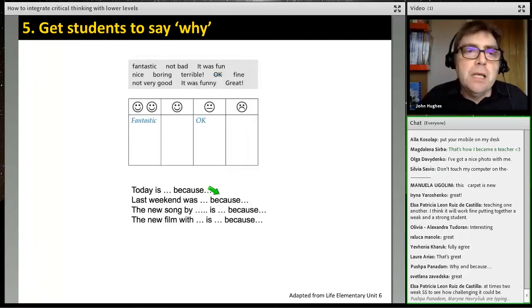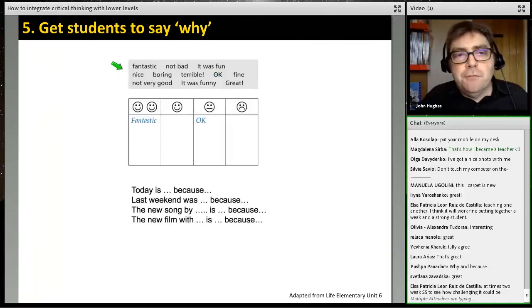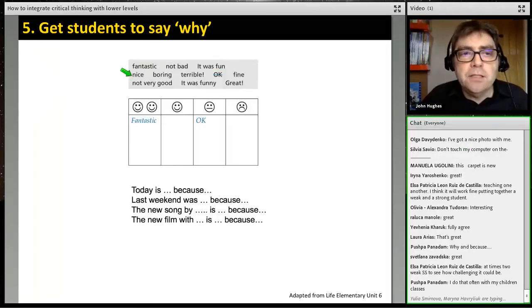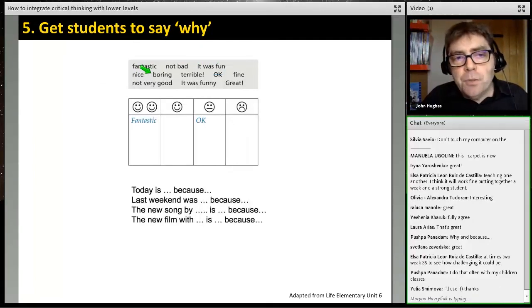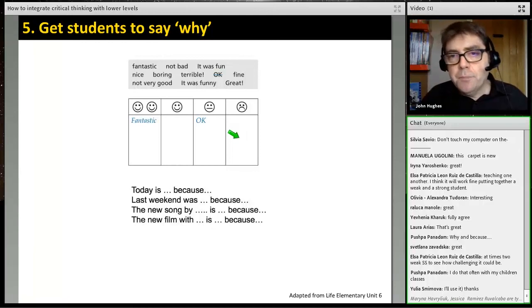Here we go. This is from Life Elementary 2nd edition, and they've got some opinion adjectives: fantastic, not bad, fun, nice, boring, etc. They have to put them into the category. So this is checking lower order thinking, okay? It's checking that they understand the vocabulary.